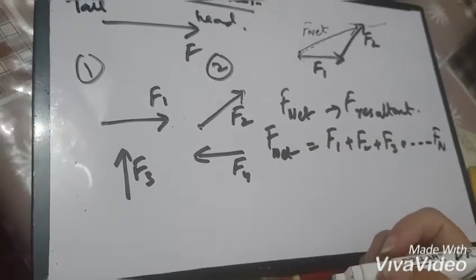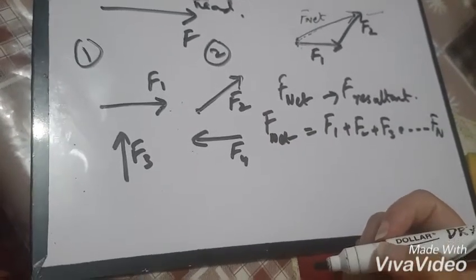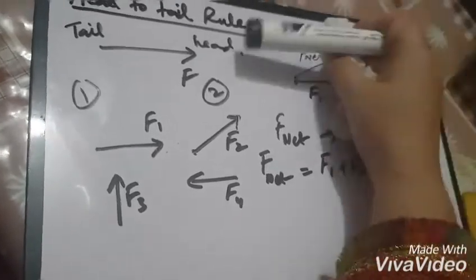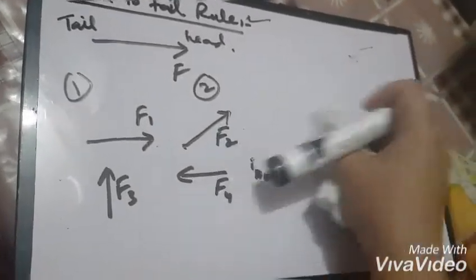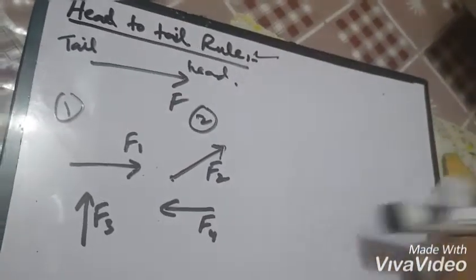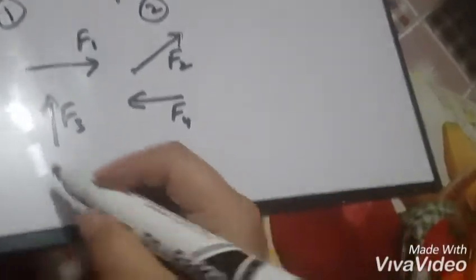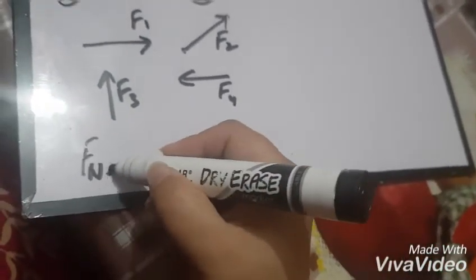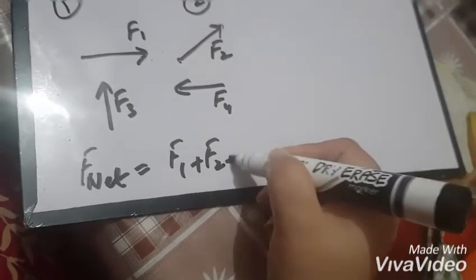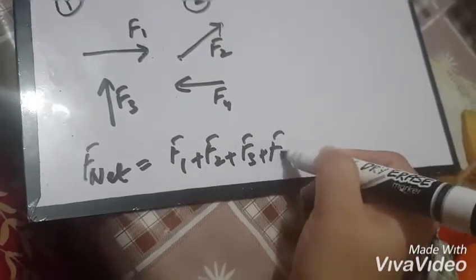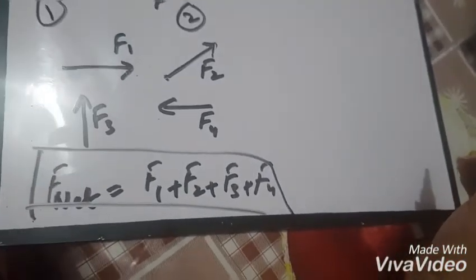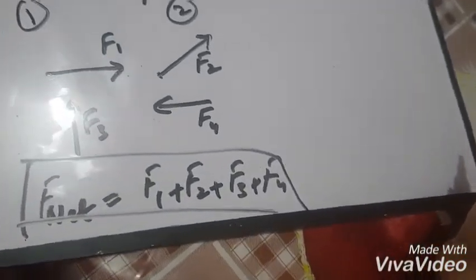How can we add these four force vectors? I will add them by using the simple head to tail rule, and also algebraically. Algebraically, how? F net, or f resultant, is equal to f1 plus f2 plus f3 plus f4, right? This is just for four vectors. You can also increase or decrease the number of vectors, it doesn't matter.